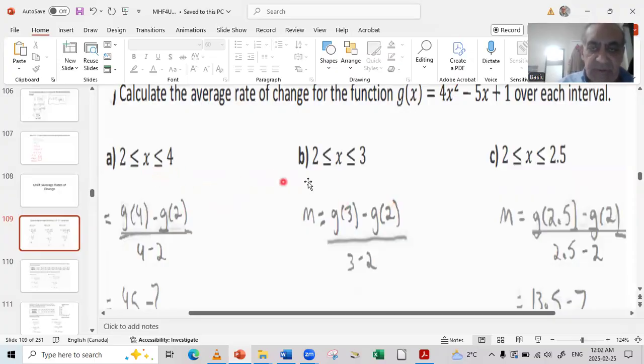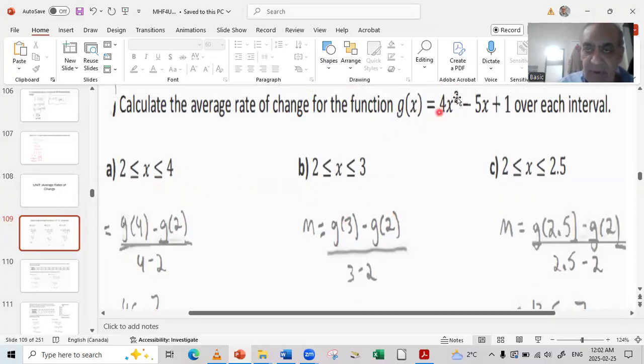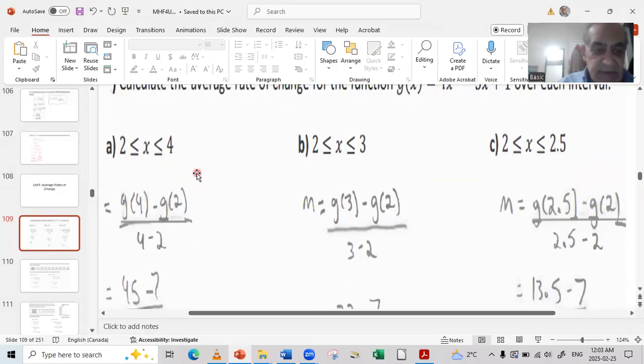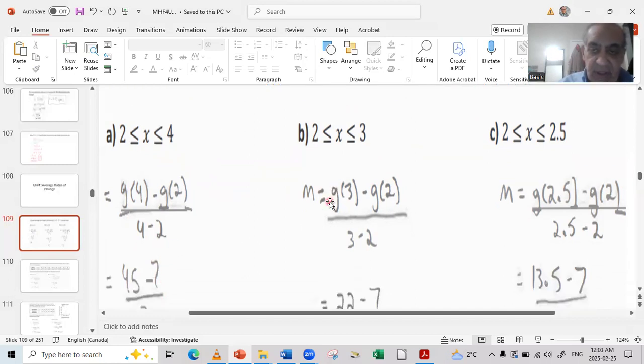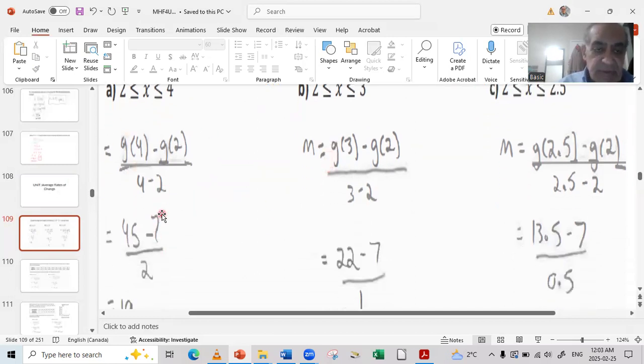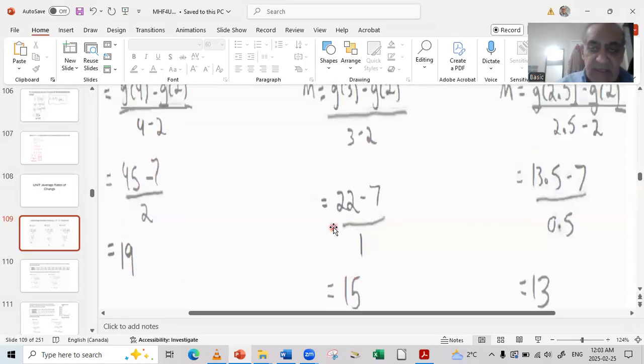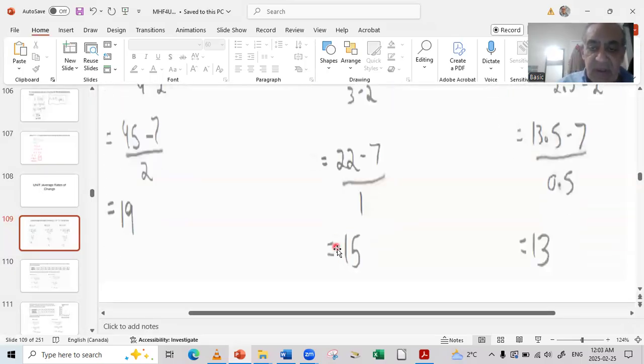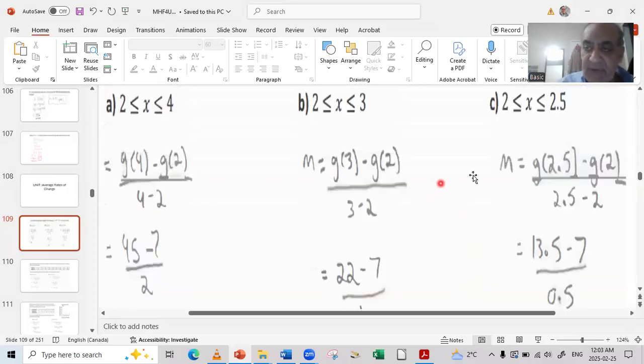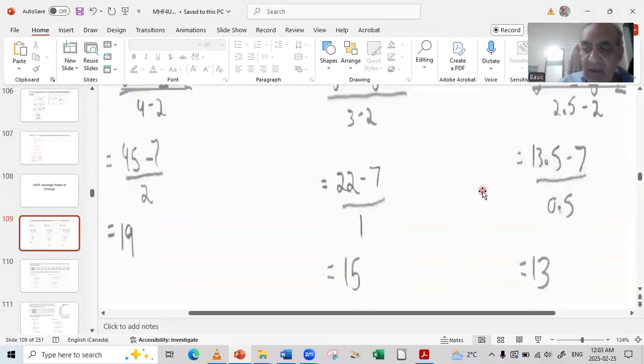So 4 times 4 is 16, minus 5 times 2, which is 10. 16 minus 10 is 6, plus 1 is 7. Here it is, the 7 is here, divided by 4 minus 2. So that will give me 90. The second example will give me 15. The third example will give me 30.